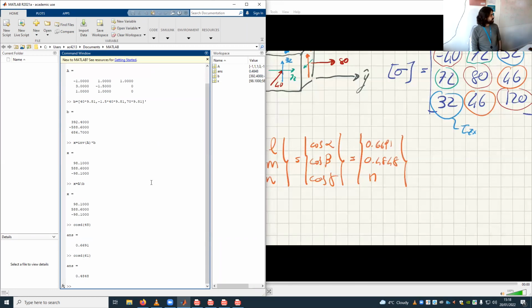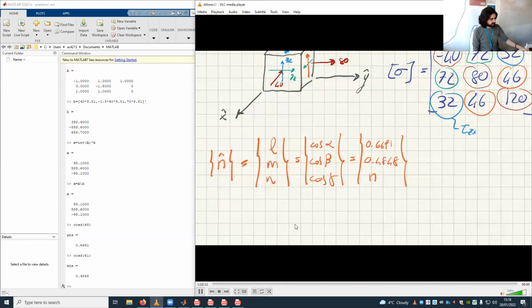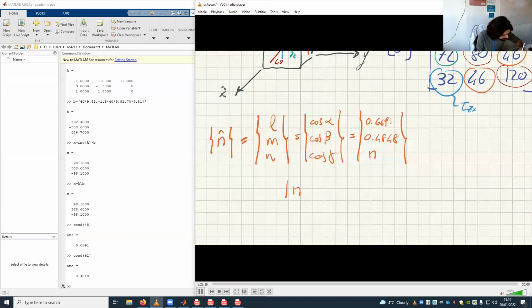Can I find N? Remember, I told you that N is a unit vector. See, there's this little hat. Unit vector means that the norm of N is the square root of L squared plus M squared plus N squared, which is equal to 1. That's what it means.